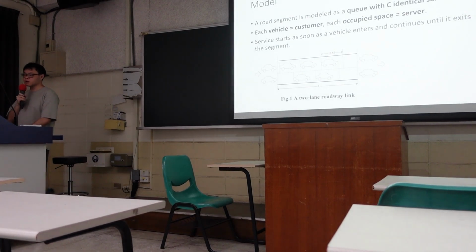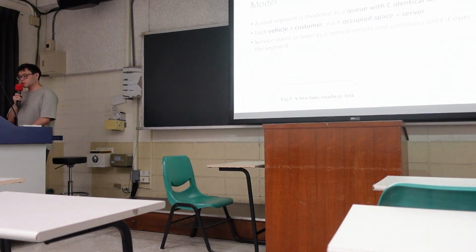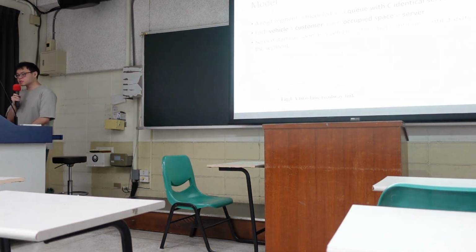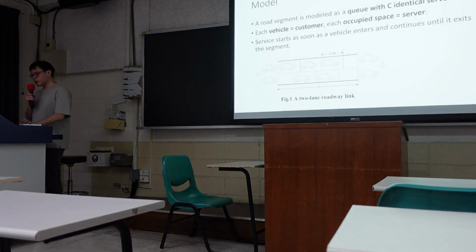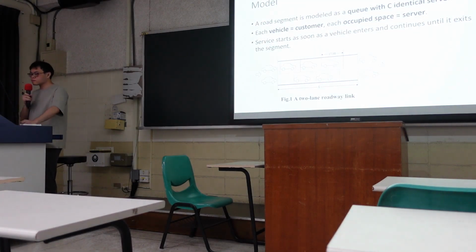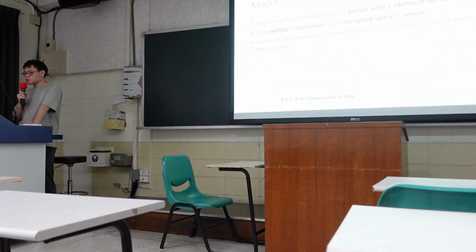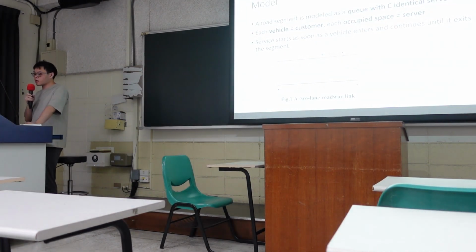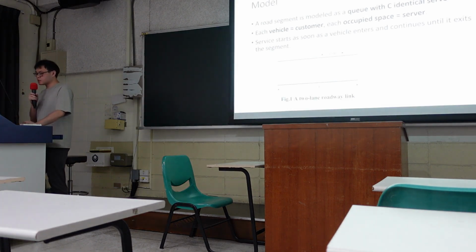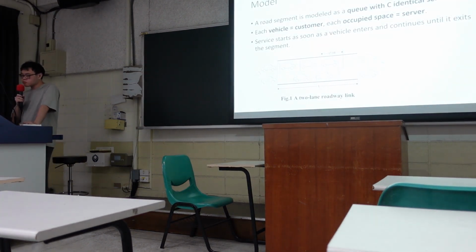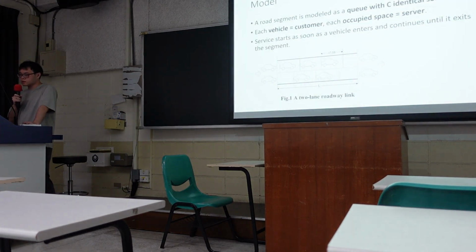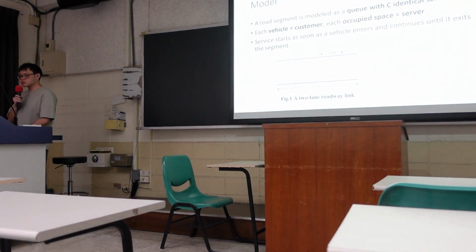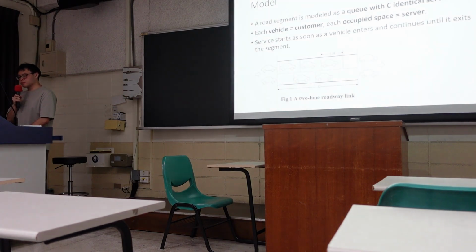And this is the model. We represent a road segment as a queuing system with C identical servers. In this analogy, each vehicle is considered a customer, and each occupied road space acts like a server. And when a vehicle enters the segment, service begins immediately.